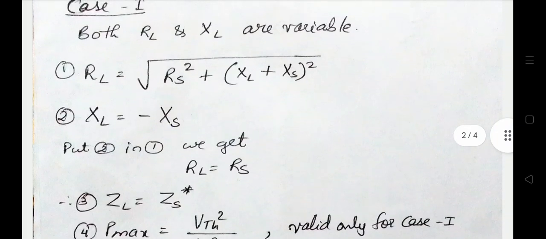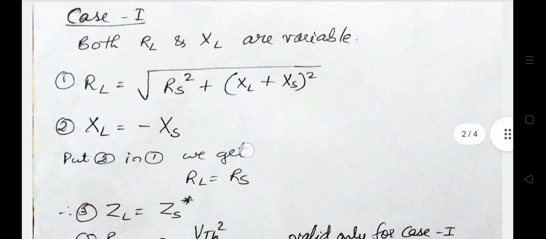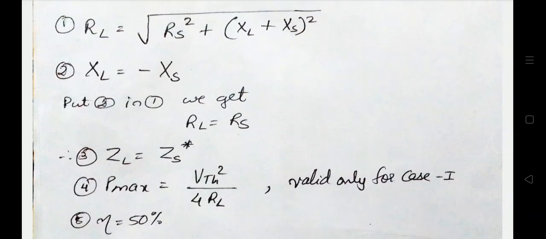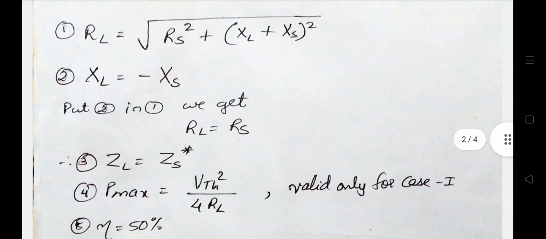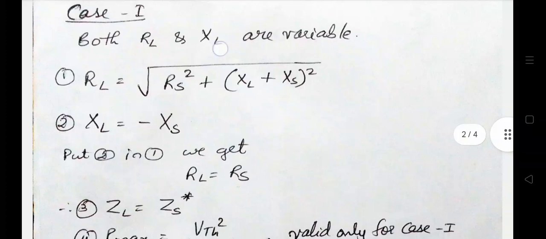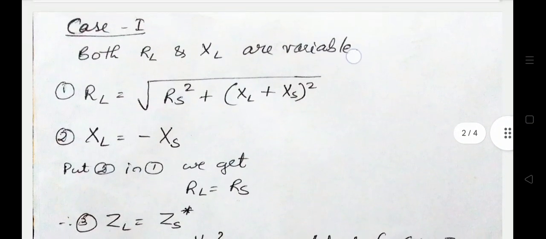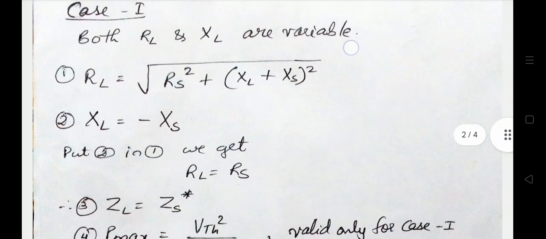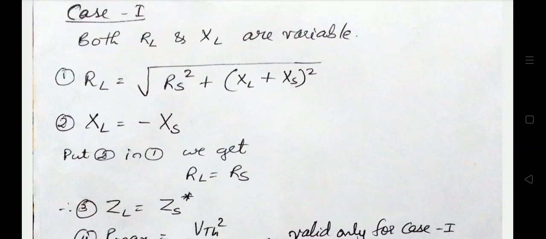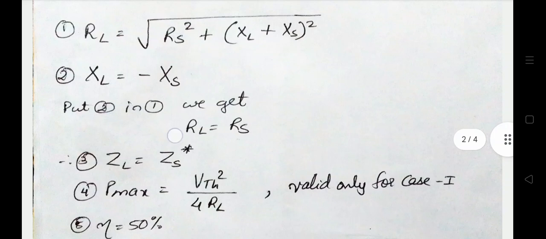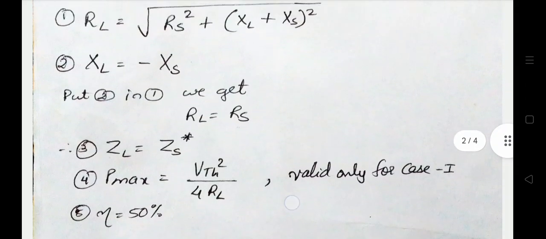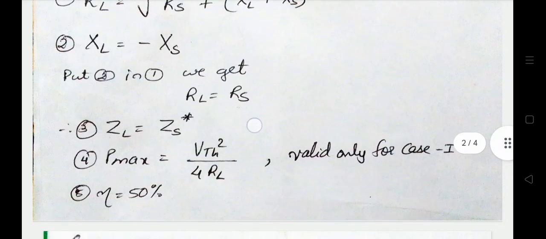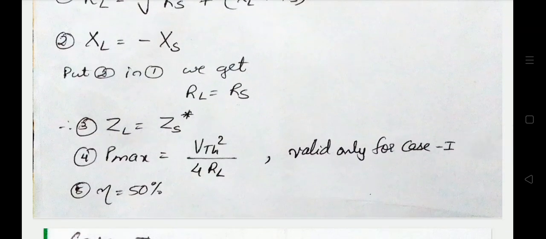By substituting this minus XS in the first equation, we can say that RL is equal to RS. That means the two conditions we have to understand while varying RL and XL in a circuit are XL equal to minus XS and RL equal to RS. That means ZL is equal to ZS conjugate. If ZS is RS plus JXS, then ZL will be RS minus JXS.